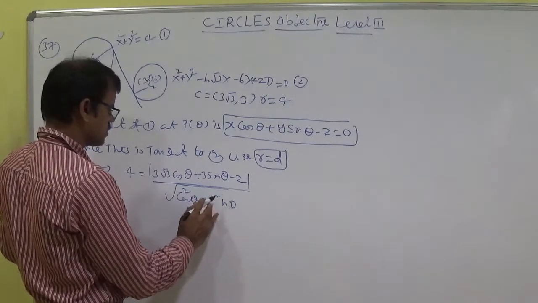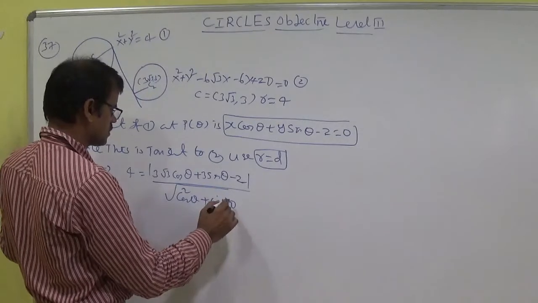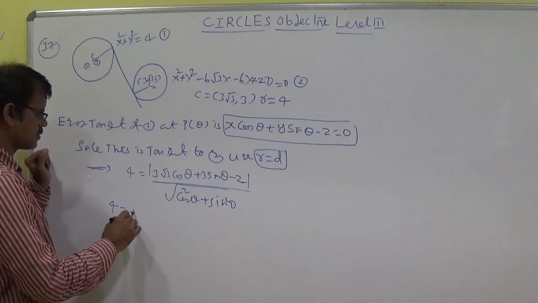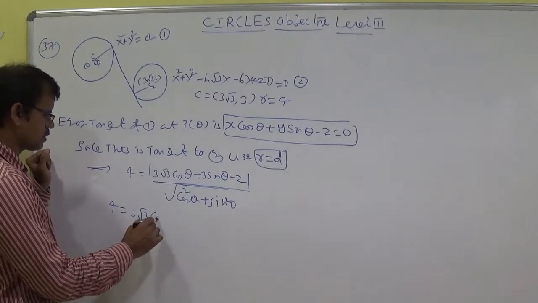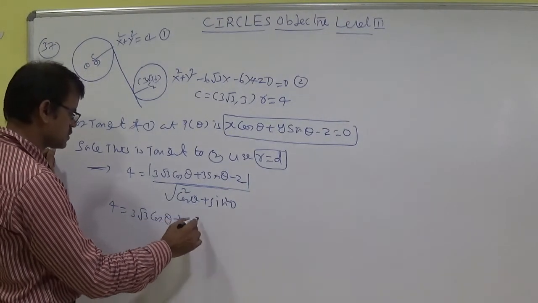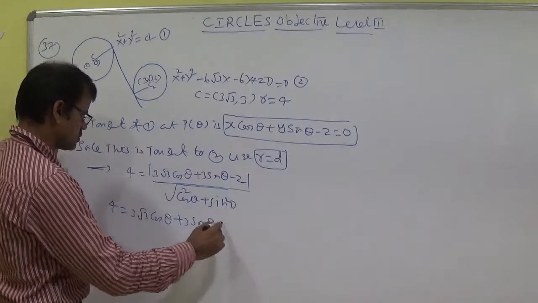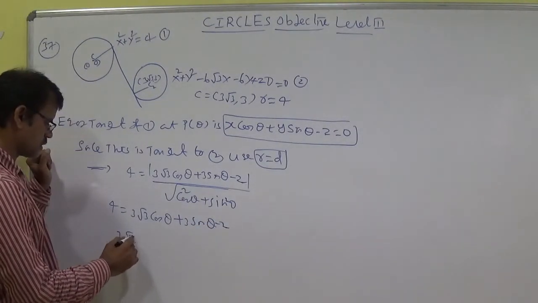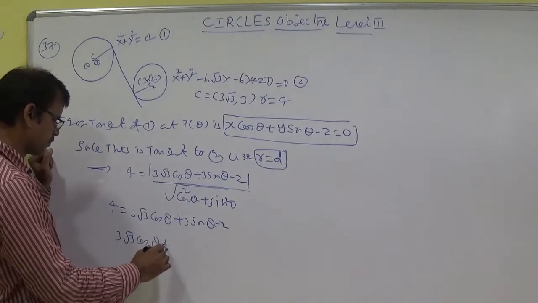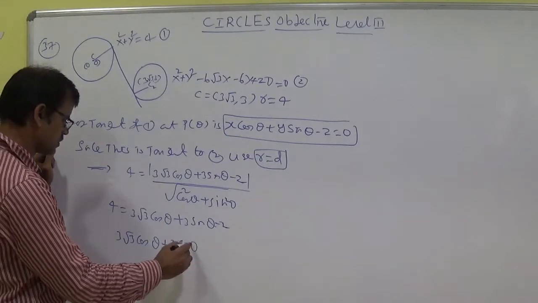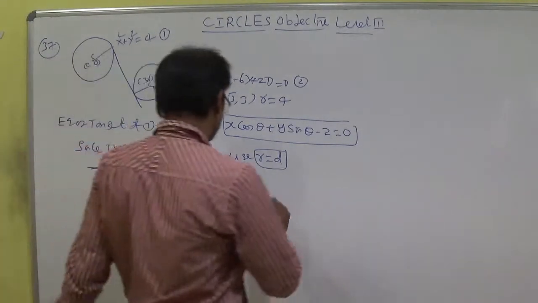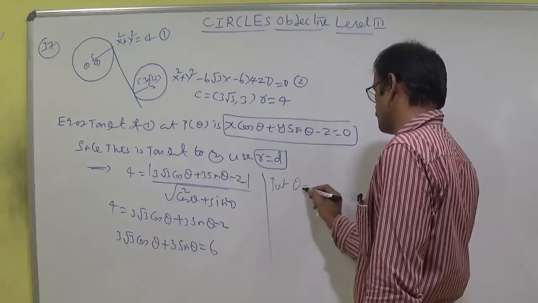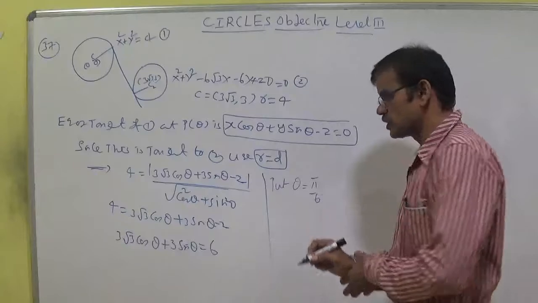So 4 is equal to 3 root 3 cos theta plus 3 sin theta minus 2, so 6 is equal to 3 root 3 cos theta plus 3 sin theta. Put theta equal to pi by 6 and verify the option.